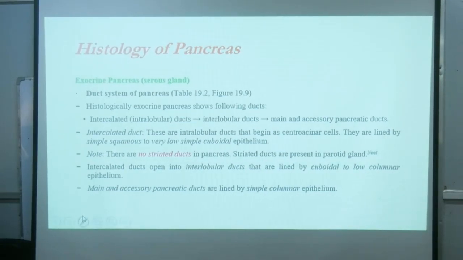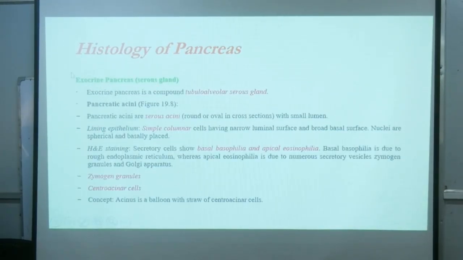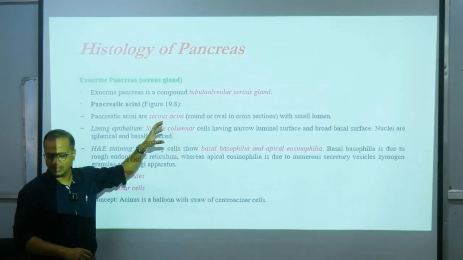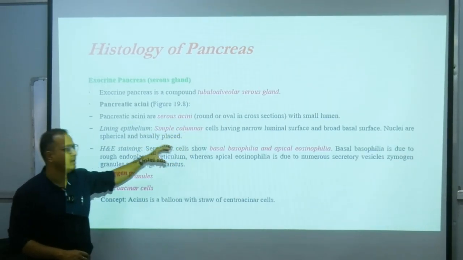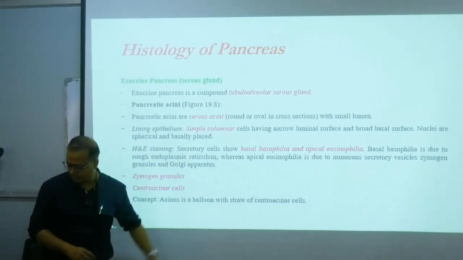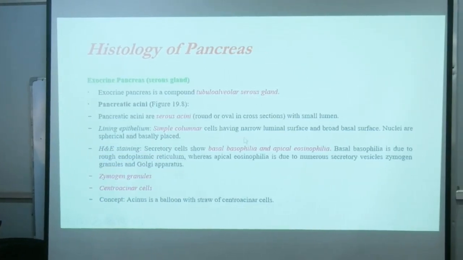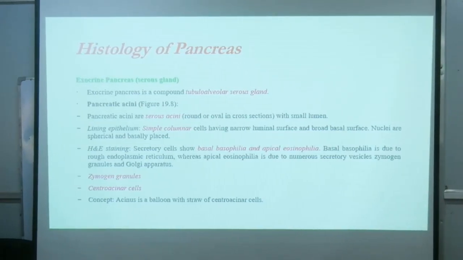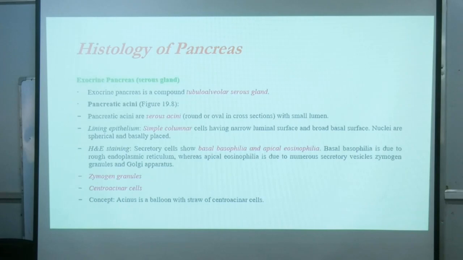Now talking about the duct system and the acini, which are serous acini: the cells of the serous acini are simple columnar, looking pyramidal or oval, as we mentioned, and show eosinophilia, meaning they are high in stain because of the presence of protein particles rich in degrading elements.